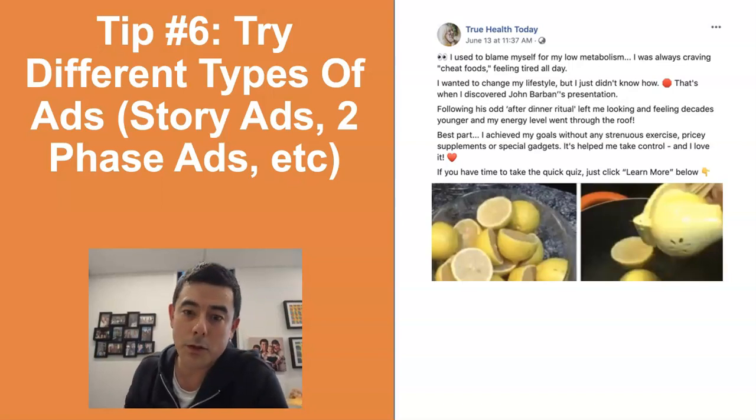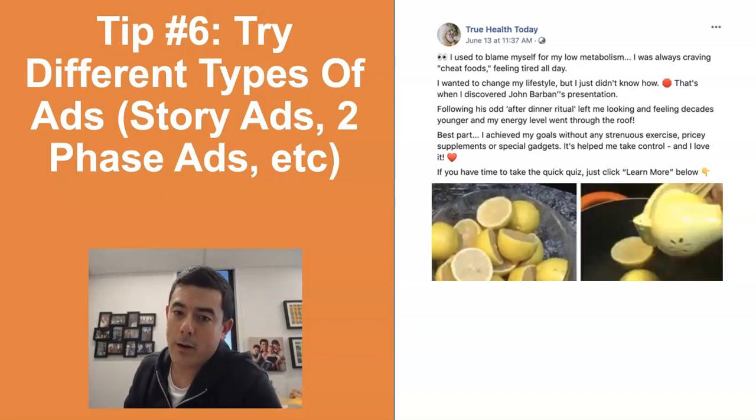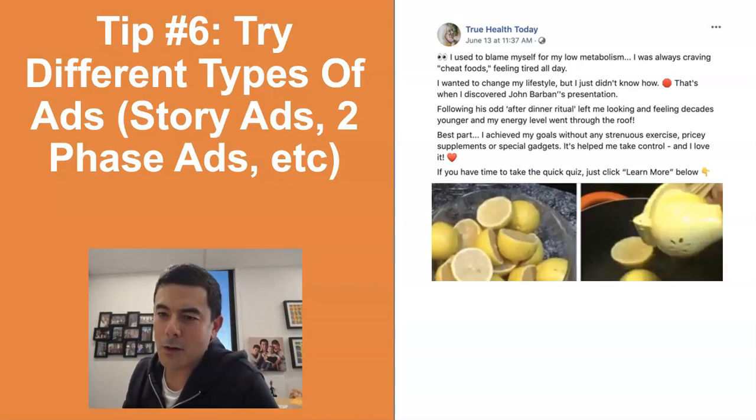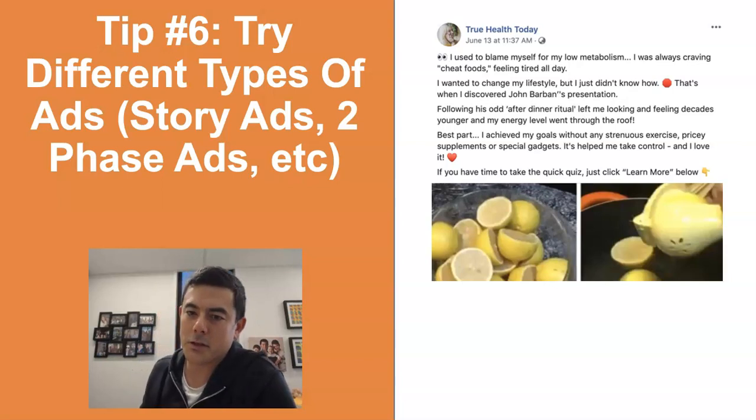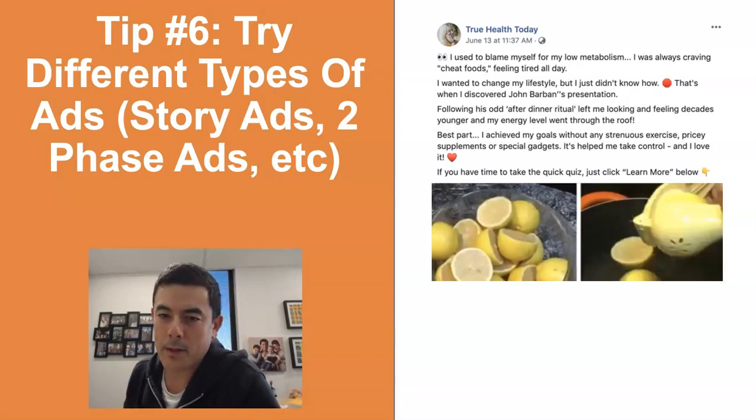So you may want to try a story ad, where you still have to look at the hook of the ad itself and try to get that in there early in some way. In this case, it's to do with metabolism and an after dinner ritual. They put it in the 3rd sentence.